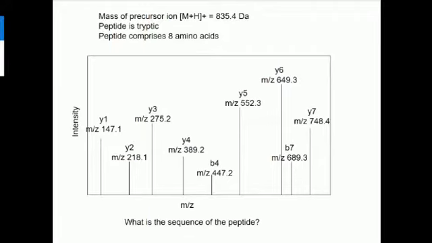And the peptide comprises 8 amino acids. So from this, you should be able to work out what the sequence is. So I'm going to let you do that for a few minutes and see how you get on, and then we'll go through it. But you will need that sheet that I've handed round, which has got the masses of the amino acid residues on.